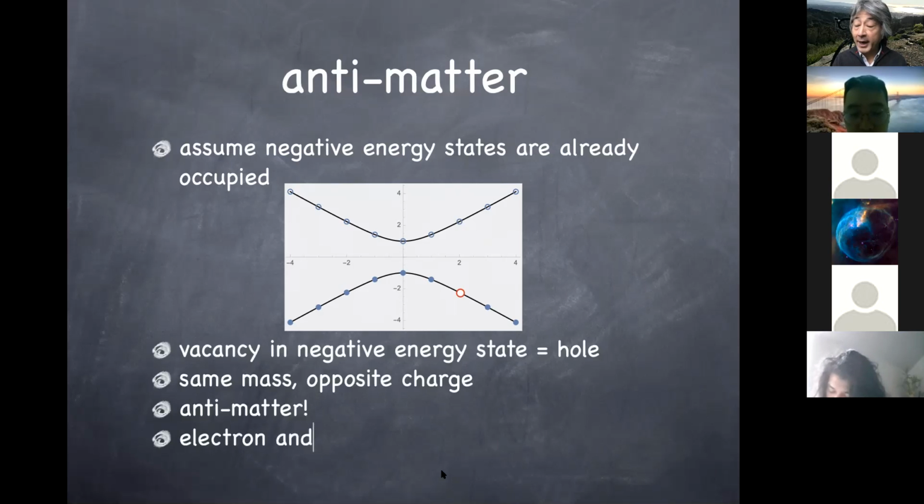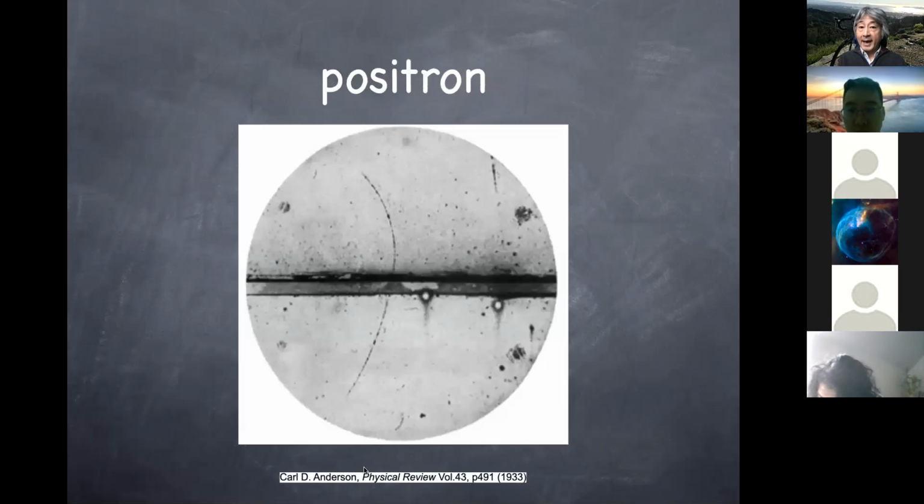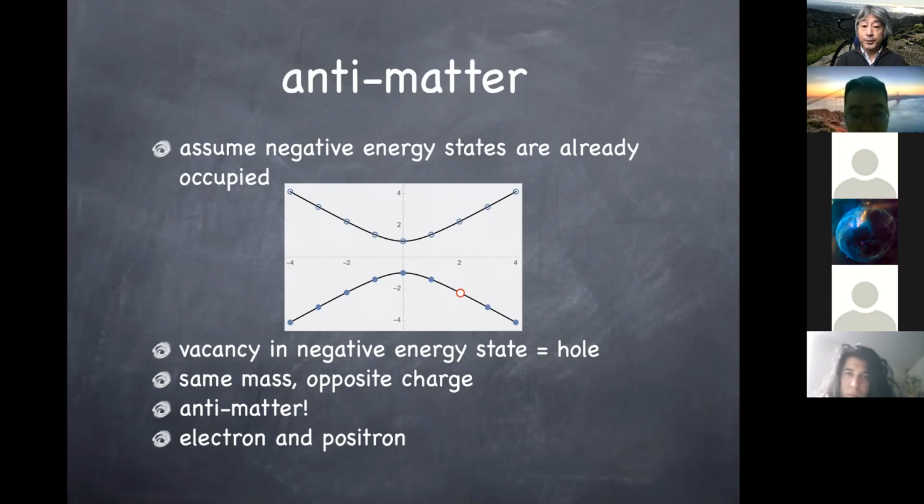Namely, for the electron with negative electric charge, you predict the existence of the positron, which has a positive charge but the same mass, and that indeed was discovered by Carl Anderson in cosmic rays. So this is the story we go through next week.